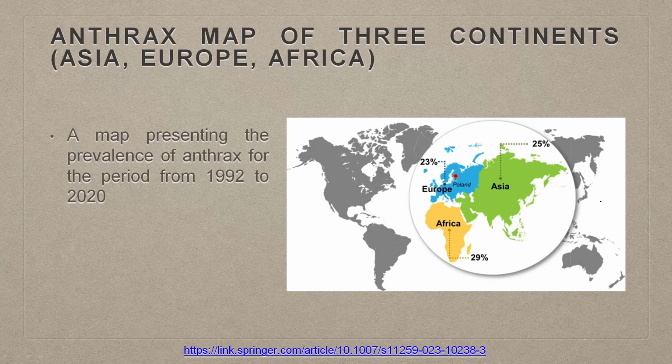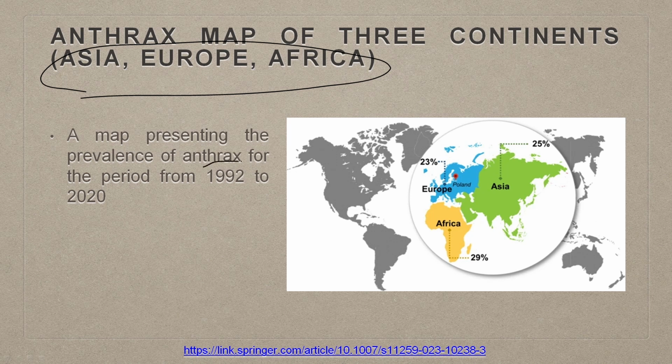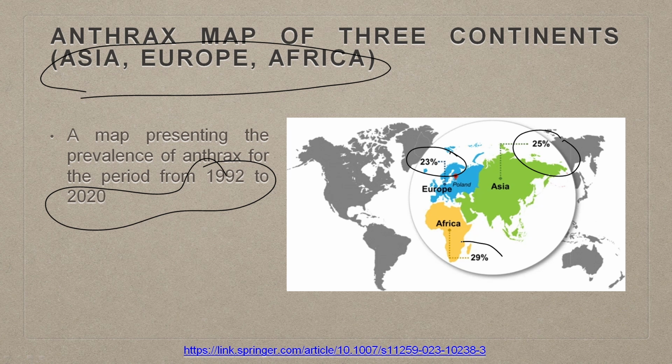And next I will show another map, an anthrax map of the 3 continents of Asia, Europe and Africa. This is going by the numbers, for the period 1992 to 2020. So, it is almost 28 years, 25% prevalence, 23% prevalence, 29% prevalence.